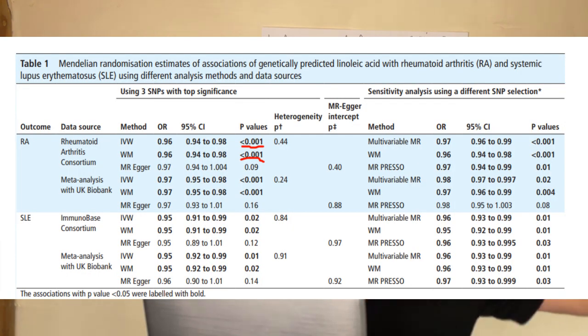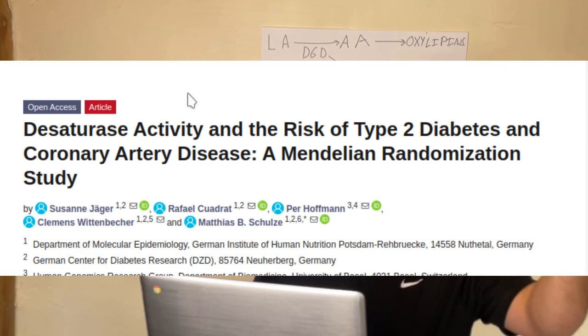In the population at large, delta-6 desaturase is responsible for most of the variation in blood linoleic acid levels. What that means is that people, on average, with more linoleic acid in their blood have fewer oxylipins, and people with less linoleic acid in their blood have more oxylipins.